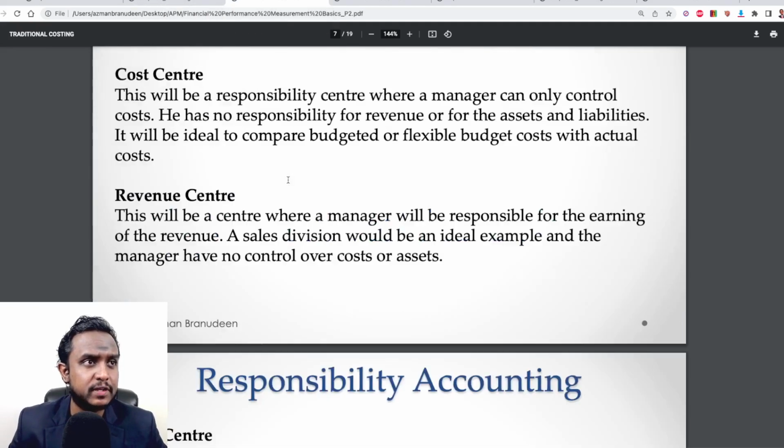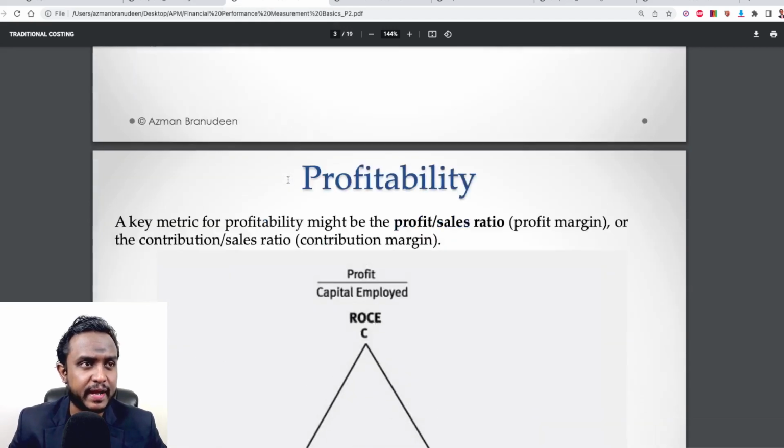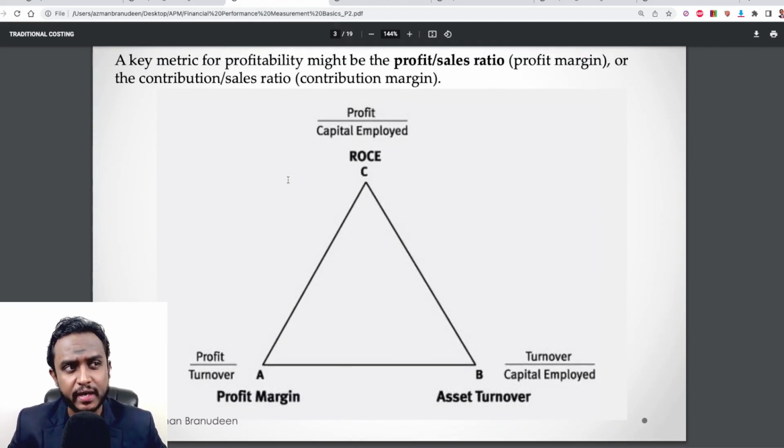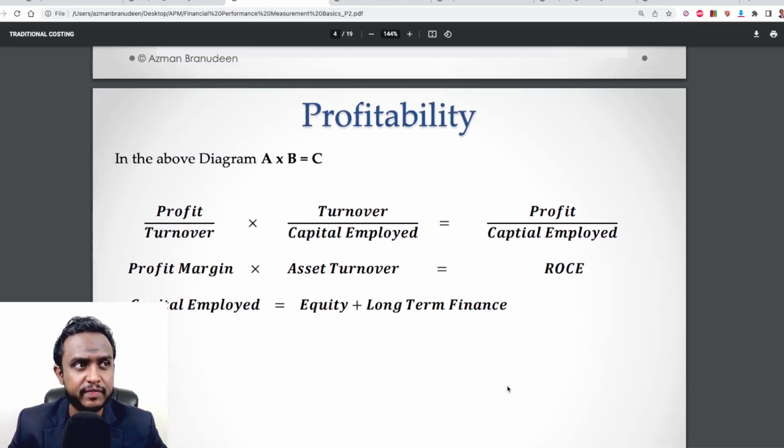The two separate ratios that you can break ROCE or ROI into are the profit margin of the division and the asset turnover of the division. When you multiply the profit margin and the asset turnover, you get your ROCE or ROI for the division.